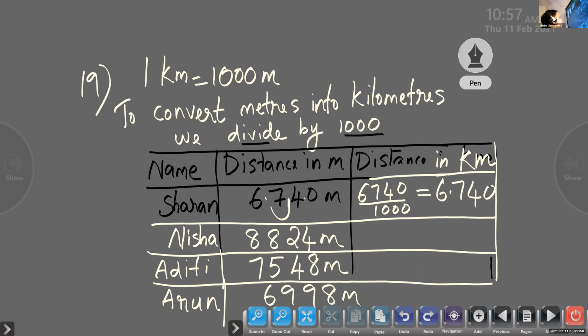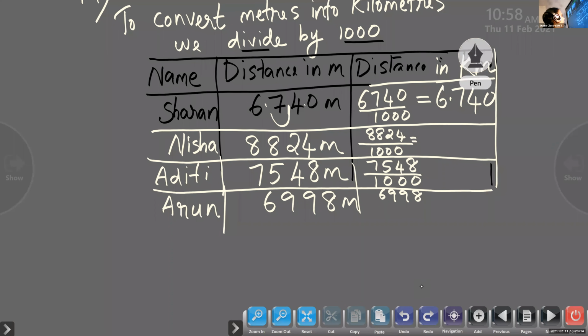Now children, divide by 1,000 and find out the answer. 8824 divided by 1,000. 7548 divided by 1,000. 6998 divided by 1,000.